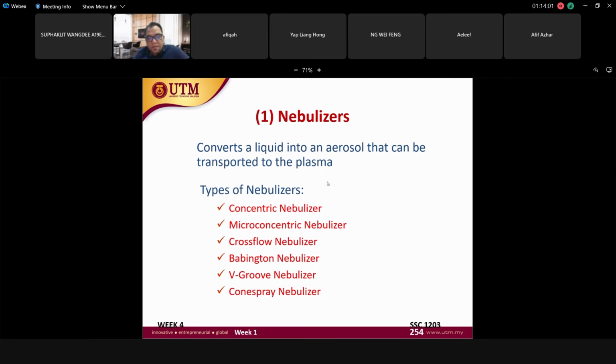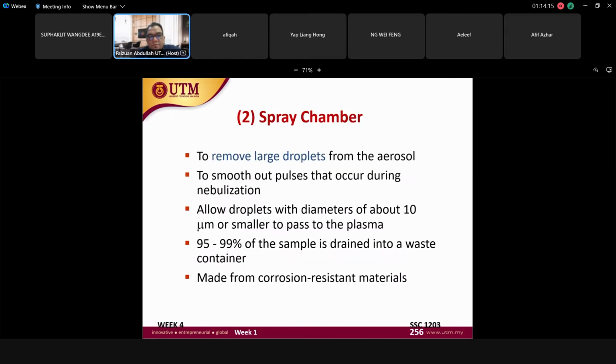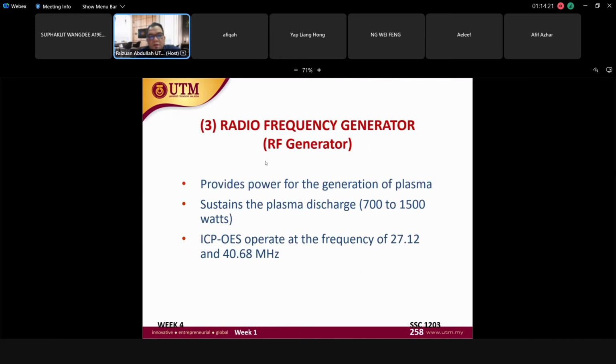The function of the nebulizer is converting the liquid into aerosol. We have a nebulizer in ICP, in AES and AAS, converting liquid into aerosol that can be transported to the plasma in this case. The spray chamber removes large droplets. What is the RF generator?